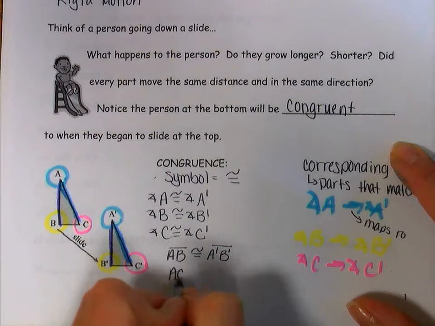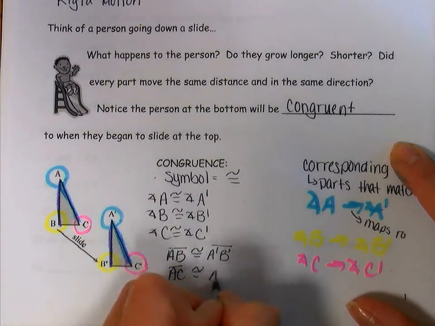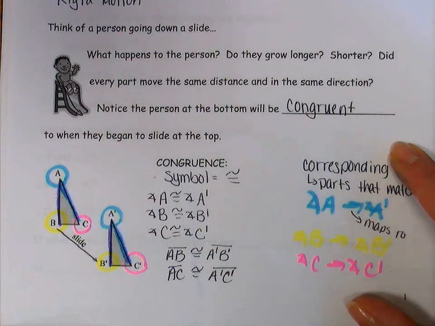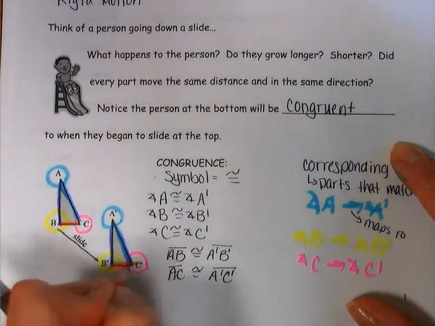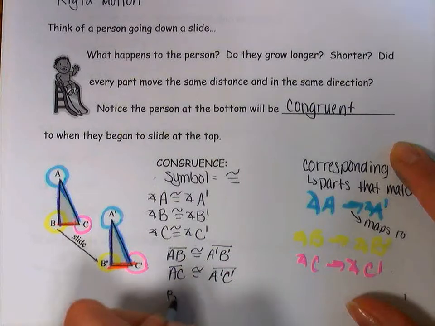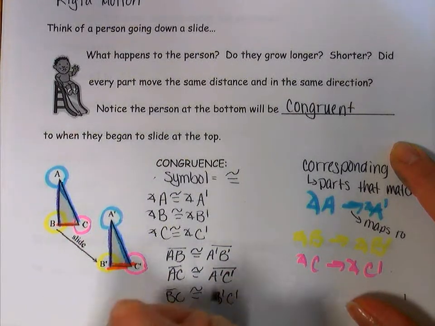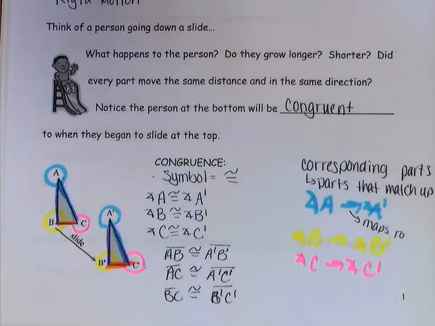AC is congruent to and corresponding to A prime C prime. And BC is congruent to B prime C prime. So those are corresponding parts, and they also happen to be congruent.